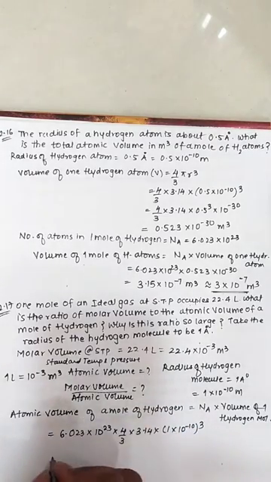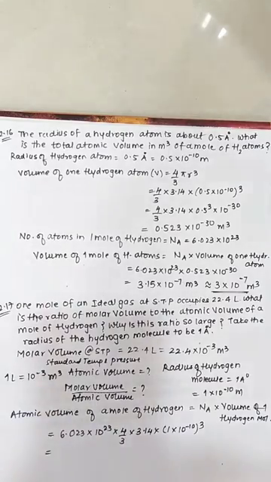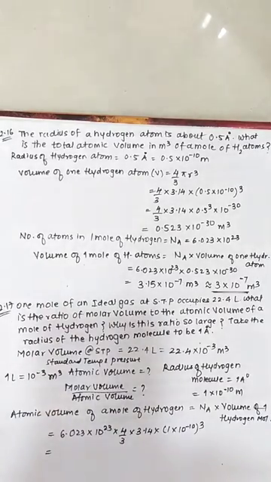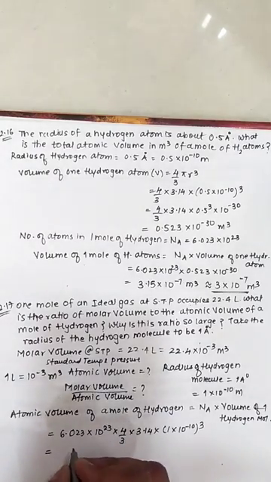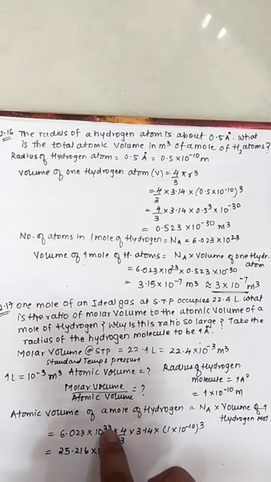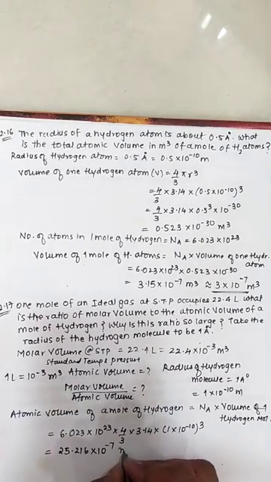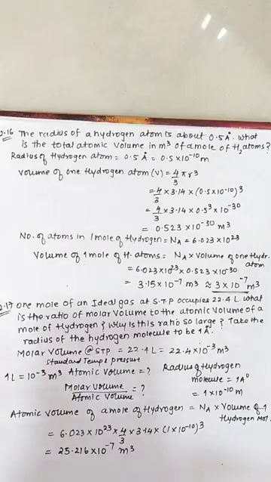Till this clear? So if I check, 6.023 into 4 into 3.14 into 1 divided by 3, my answer is 25.216 into 10 power 23 and minus 30, so the answer will be minus 7. Till this clear? So this much meter cube is my atomic volume of 1 mole of hydrogen.